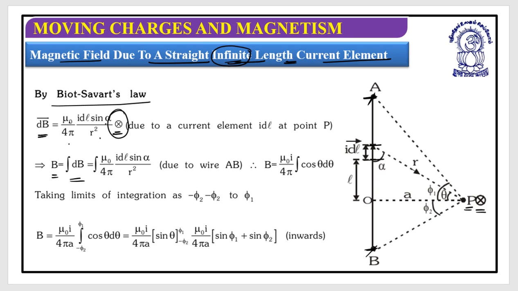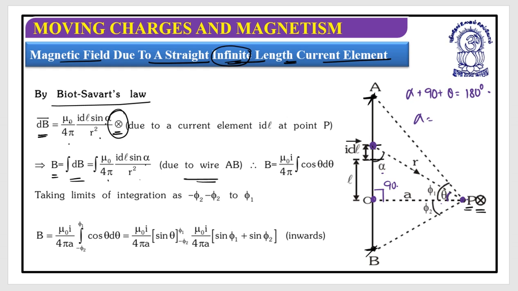So let's integrate this. B equals the integration of dB, that is mu naught by 4 pi IDL sine alpha by r square, and this is due to wire AB. Now look at this triangle. This angle is alpha, this is 90, and this angle is theta. So alpha plus 90 plus theta equals 180 degrees.